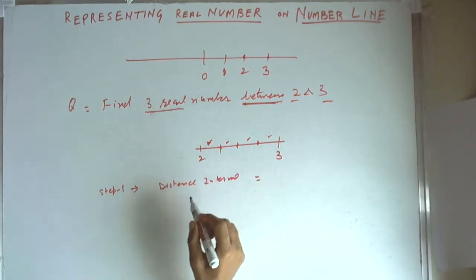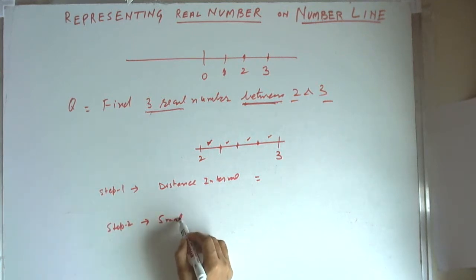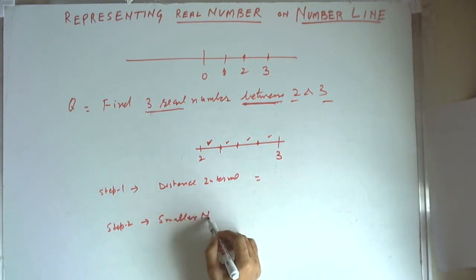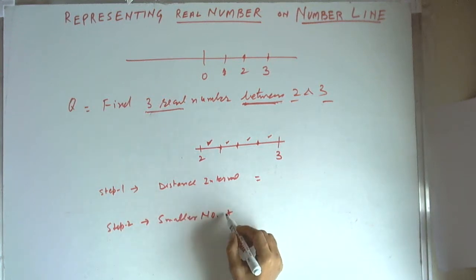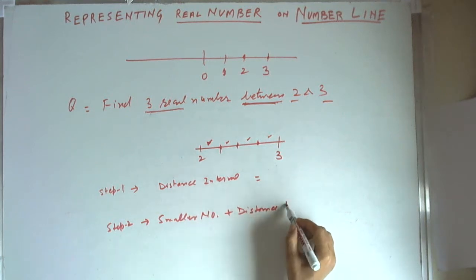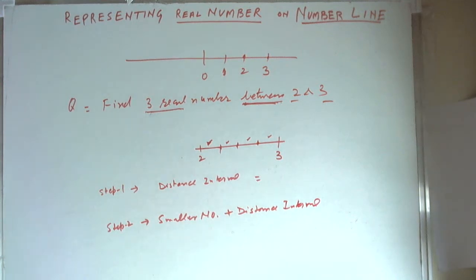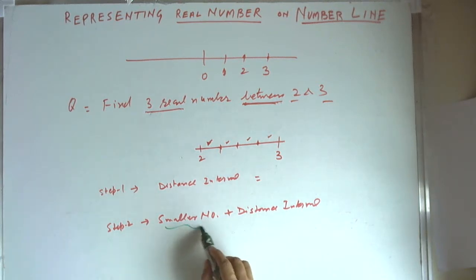And once we have found the distance interval, in step 2 we will take the smaller number and add the distance interval to it. Then for the subsequent number we add one more distance interval, and so on.